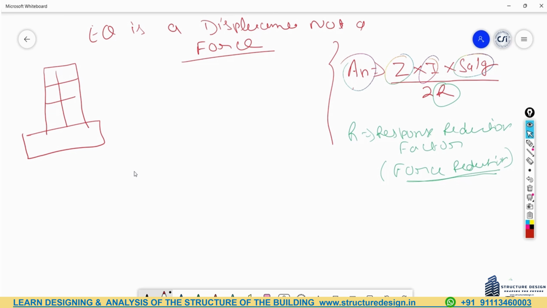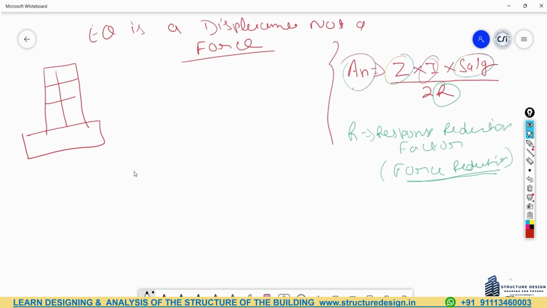But if you look at the codal approach, or any IS 1893 approach, it clearly says that we have to first calculate the base shear. The base shear is one type of force only. So the codal approach is quite different from the real approach. In reality, the earthquake is a displacement, it is not a force.